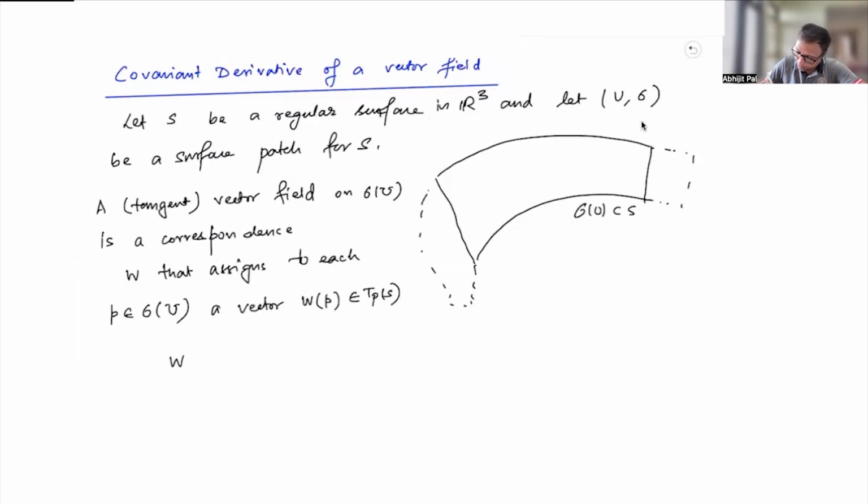Okay, so this W is a map from sigma of U to the union of tangent spaces of S. So for Q belonging to sigma of U, W of P is a tangent vector in T_P S. So in the picture, suppose I take this point P and the tangent plane.